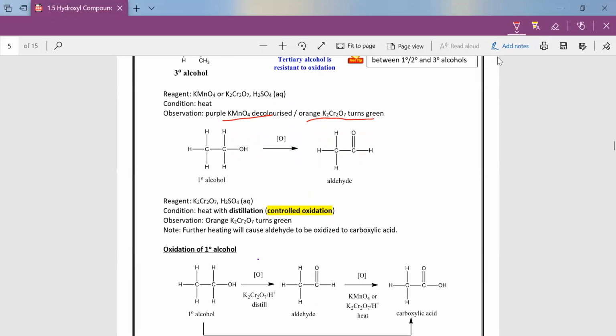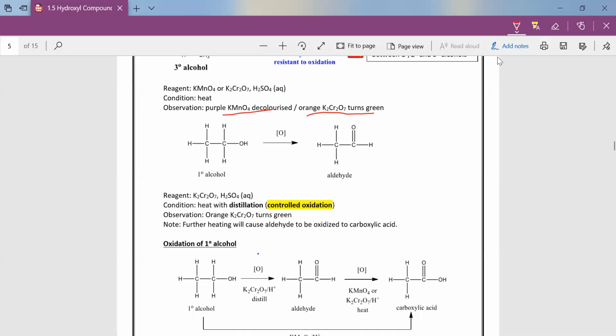There's another type of oxidation, which is what we call controlled oxidation. What we do is heat the alcohol with distillation, and that allows us to distill off the aldehyde before it is turned to a carboxylic acid. This is what we call controlled oxidation.